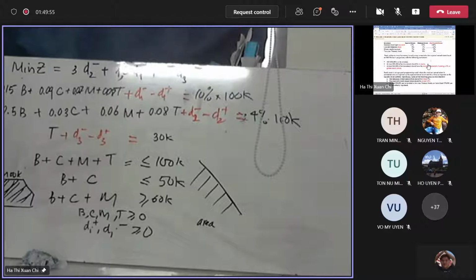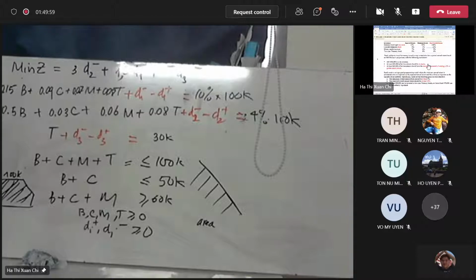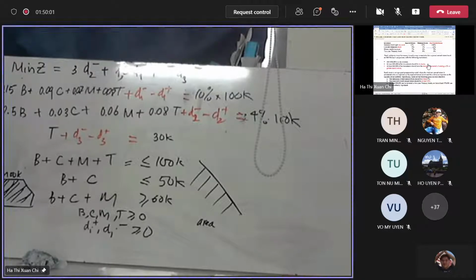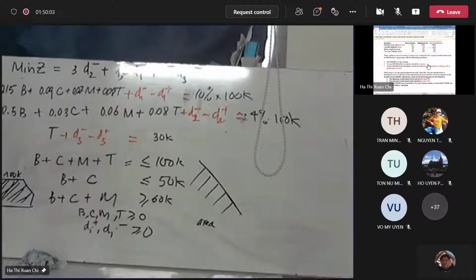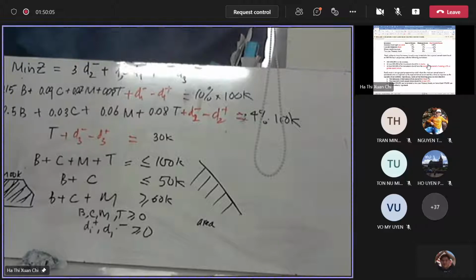That is the optimal system. Okay, so let me give you the procedure of De Novo programming.